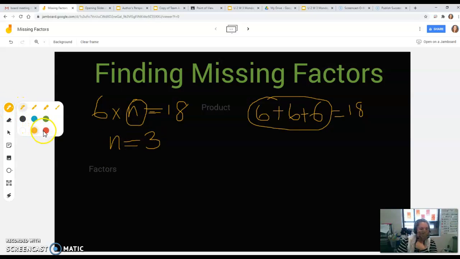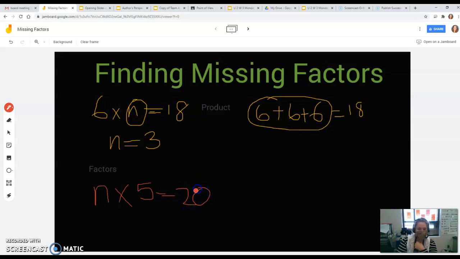Let's try another one. Let's say I was doing n times 5 equals 20. Okay, so I want to know what is this missing factor right here. How many groups of 5 am I going to have to get to 20?